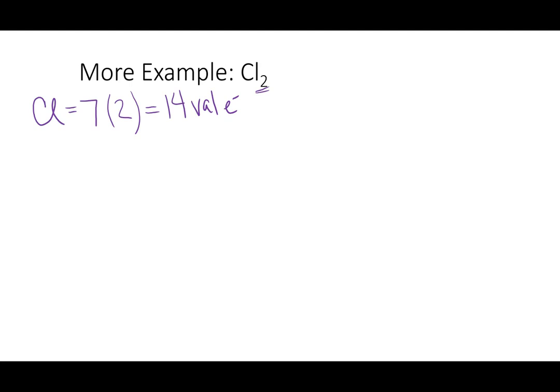Step 2, write the correct skeletal structure. Well, this one's pretty easy. They're right next to each other. There's really no other way to draw them. Step 3, distribute electrons, filling as many octets as possible. I always start with a bonding pair, so I will always start by connecting atoms together. Then from there, I'll start distributing lone pairs of electrons.